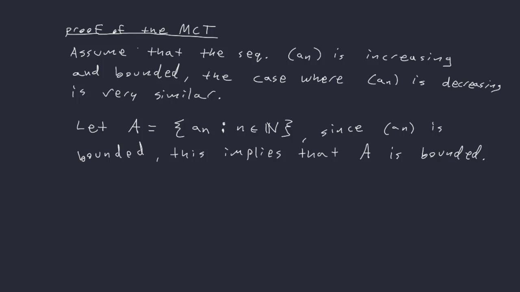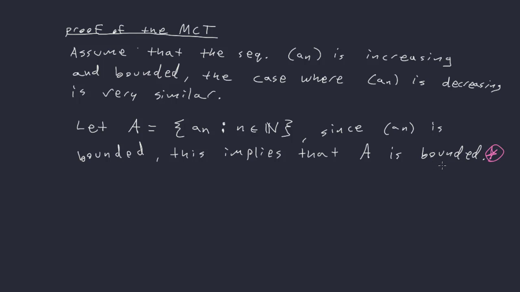Now I'm going to put a star next to that. And if you don't believe me on that, I want you to go back and look at what it means for the sequence to be bounded, what its definition is, and then how that actually implies that the set A is bounded both above and below. Because when we say that A is just bounded without a condition, it means it's both bounded above and below.